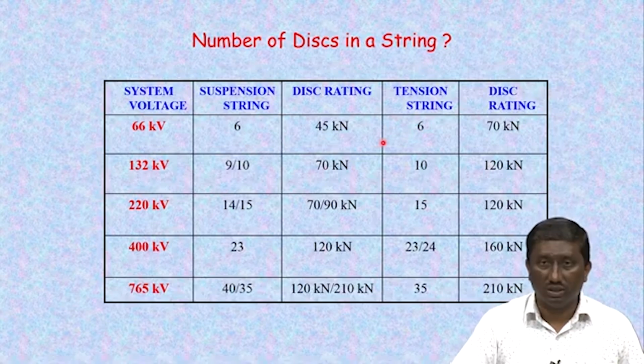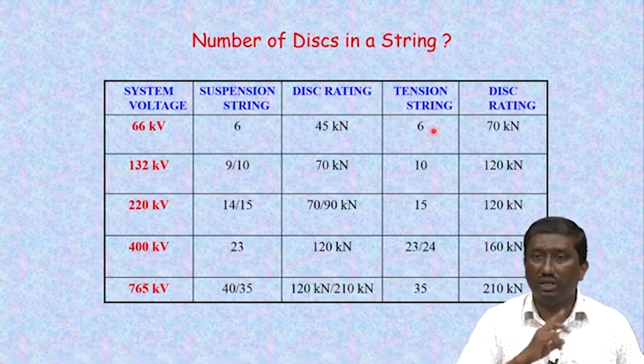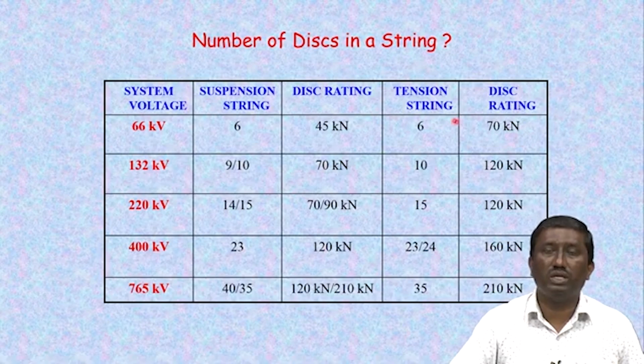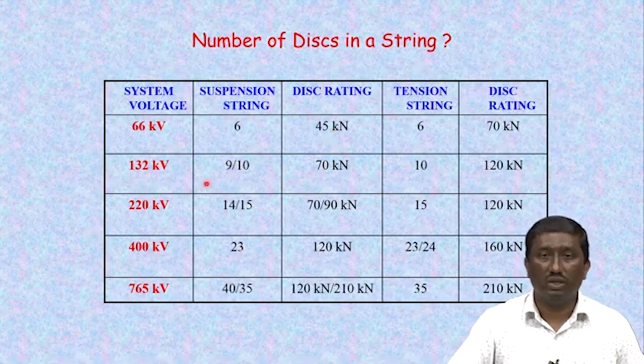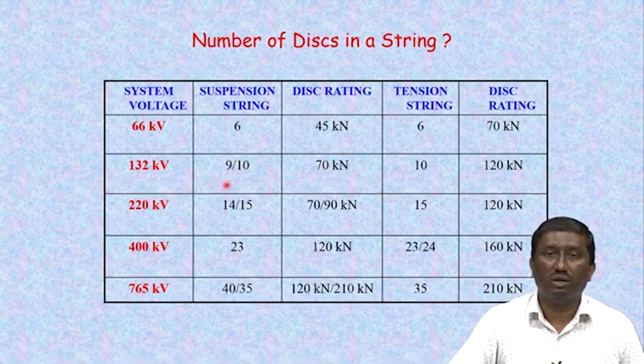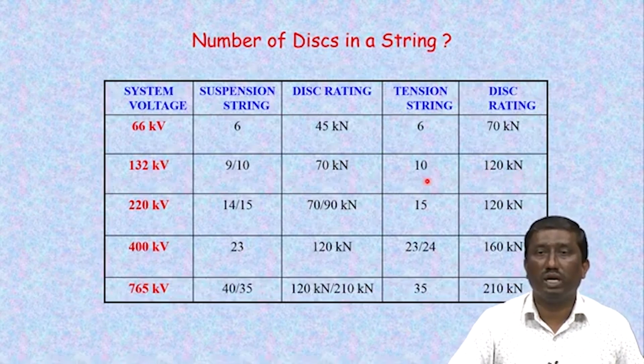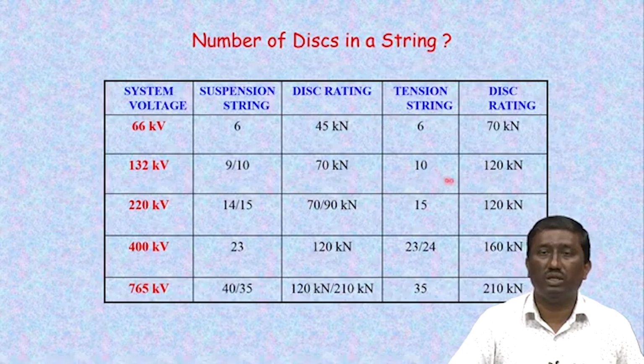In case of tension string, the disc rating could be 70 kilonewtons. Similarly, for 132 kV, 9 or 10 discs of 70 kilonewton rating are employed, and for tension 10 discs of 120 kilonewton. So the mechanical strength requirement in case of tension is slightly higher, and the disc employed is higher.